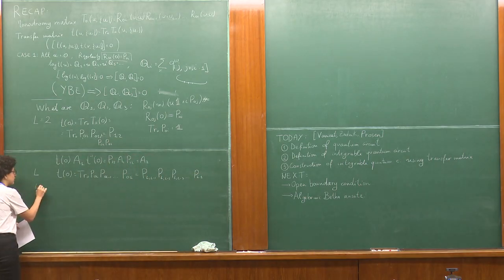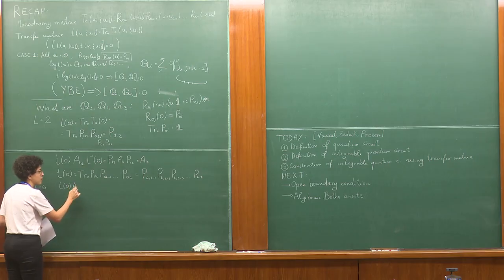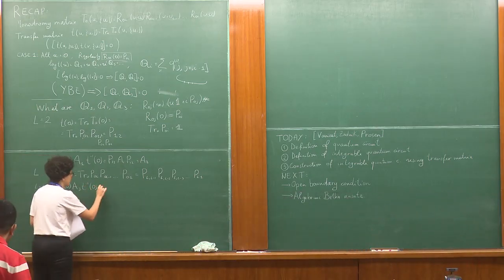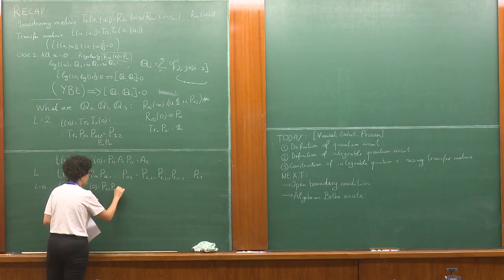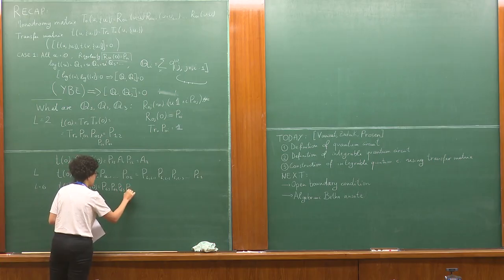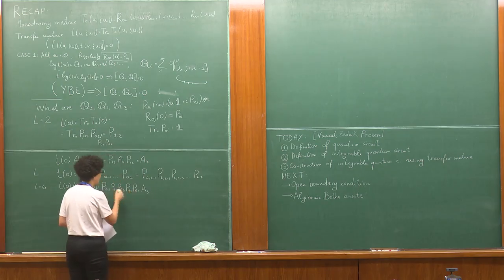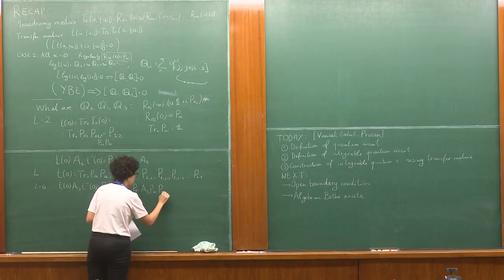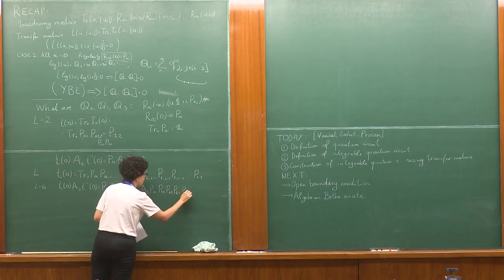Let's consider L equal to 6, for example, and we apply T at 0 to an operator acting on one site, say A3, then T to the minus 1 at 0. So this is P65, P64, P63, P62, P61, A3, and then we have the inverse: P61, P62, P63, P64, P65.